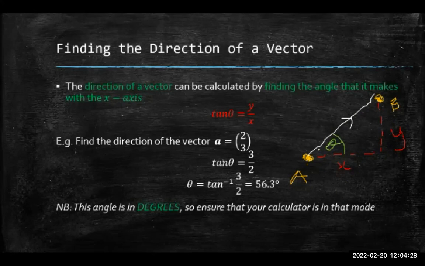So tan of my angle theta is opposite on adjacent: opposite is y, adjacent is x. That's why, whenever you're finding the angle between the vector and the x-axis, tan theta is equal to y on x. That's the tan function. Do you understand that?